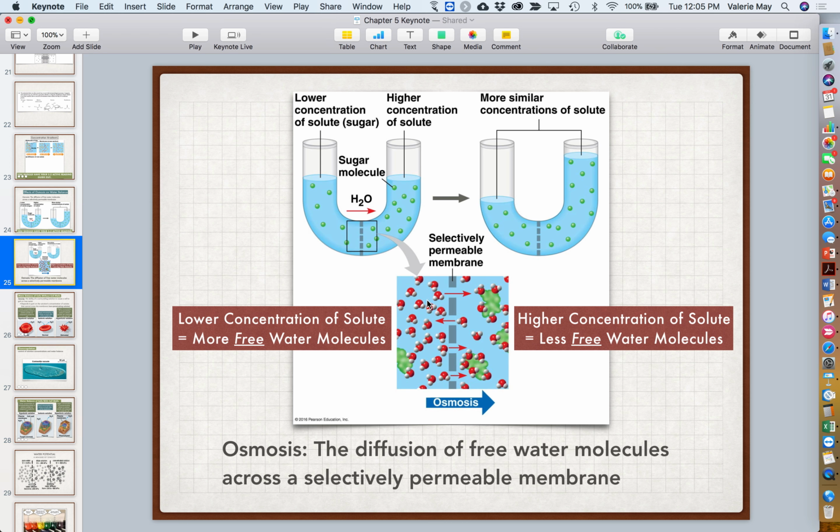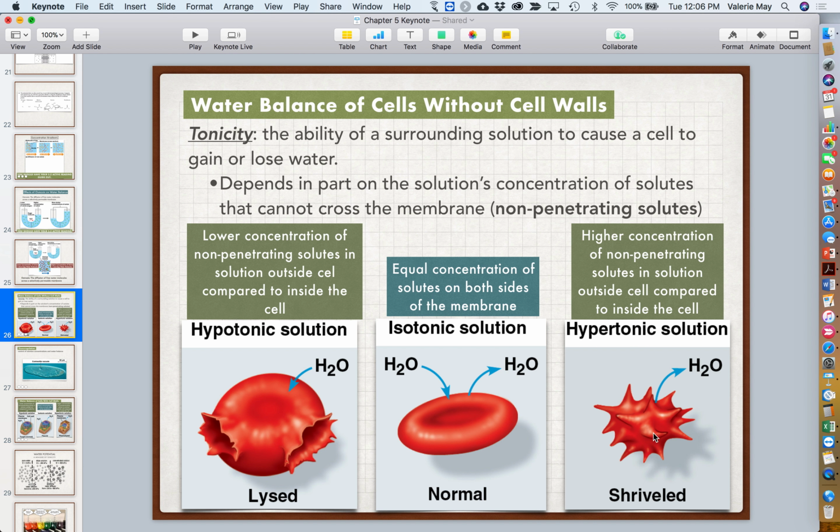There's more free water molecules here, so they will move out of the cell versus into the cell. Right? So water is moving out faster than in. Water molecules out here are all around those solutes, making those hydration shells. They're just less likely to be moving on their own and go in. When the water molecules are in that hydration shell, they stick with that solute that can't pass into the cell. So the cell would shrivel, and that would be a bad thing to have happen.